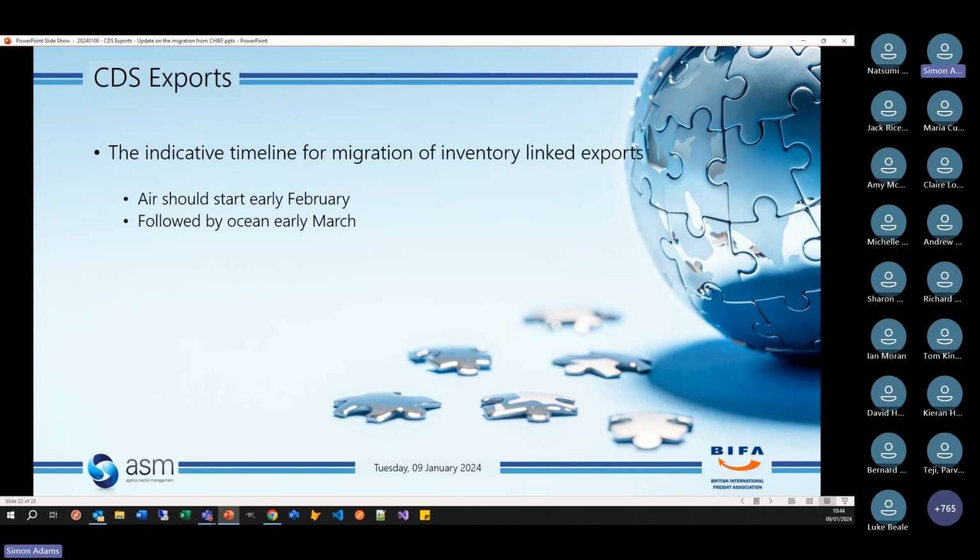The reason Ocean is going a bit later is because there are some issues being fixed around the performance of the system because of the way the Ocean CSPs work.